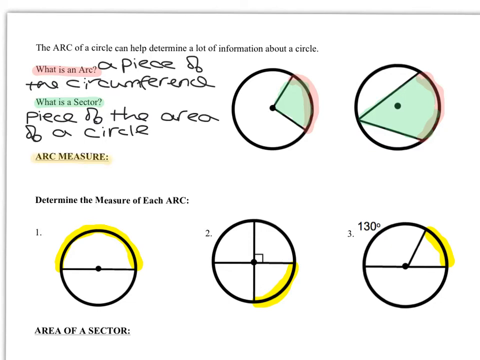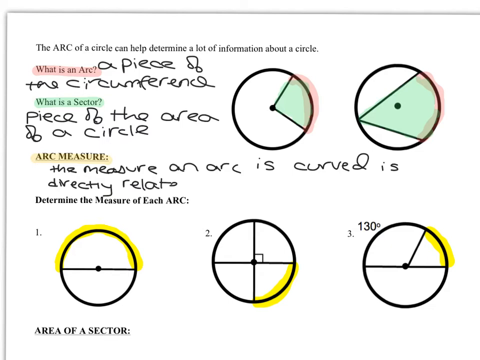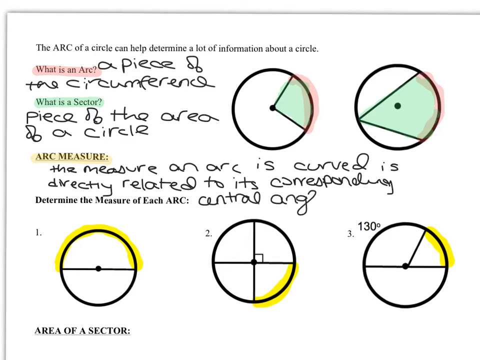Now we're going to talk about what an arc measure is. An arc measure is the measure an arc is curved that is directly related to its corresponding central angle.